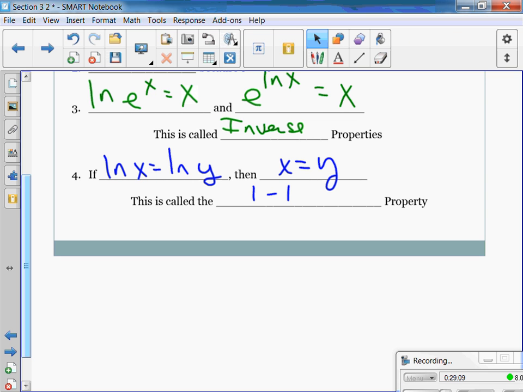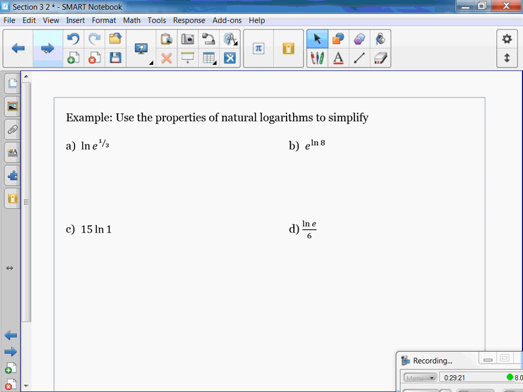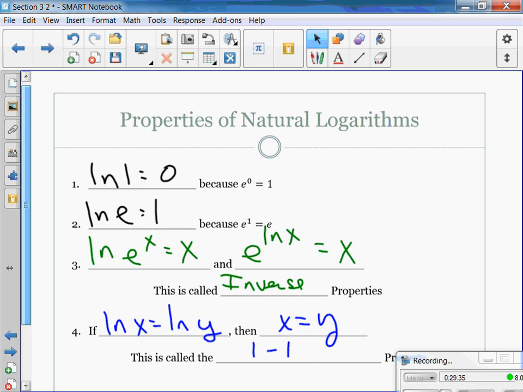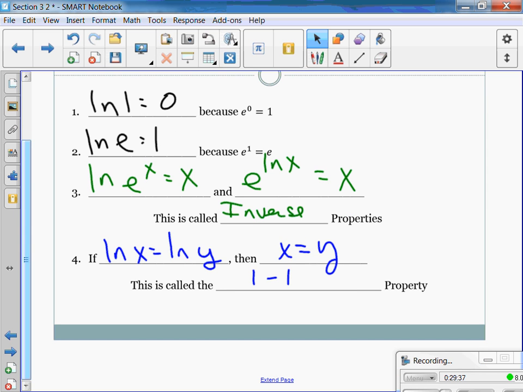So using these properties, Harrison, we have natural log of e to the 1/3. Which property are we using there? Natural log of e to something. Natural log of e to the x equals x.